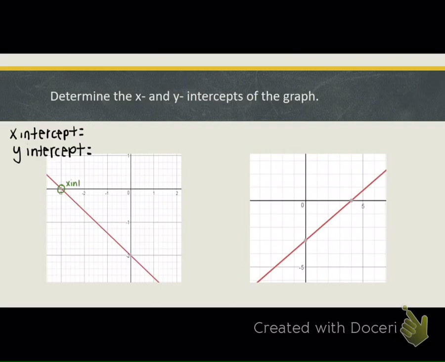So the x-intercept is -3, 0. Colin, what is the y-intercept? It's 0, -2. Good, the y-intercept is 0, -2.